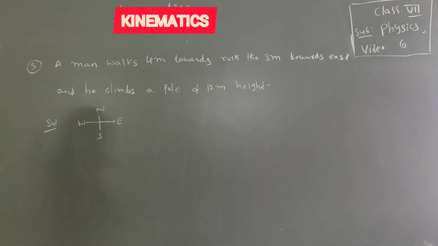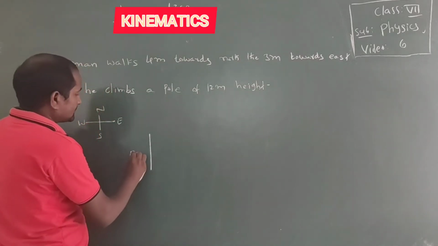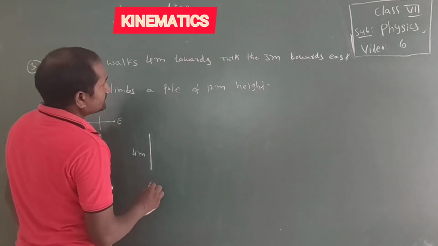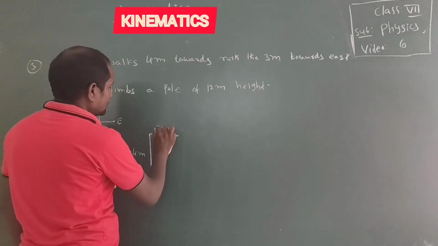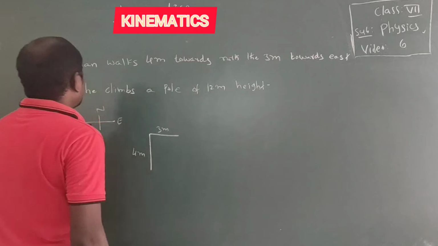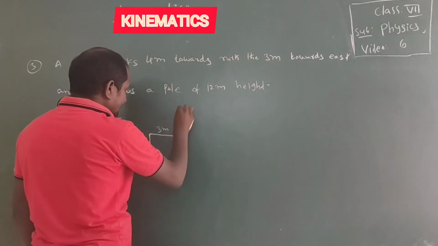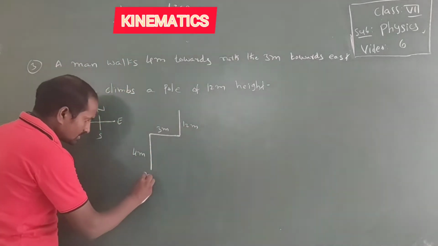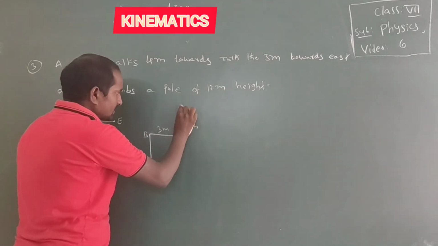A man walks 4 meters towards north. Next, 3 meters east. And he climbs a pole of 12 meters height. So A is the starting point, then B, C, and D.